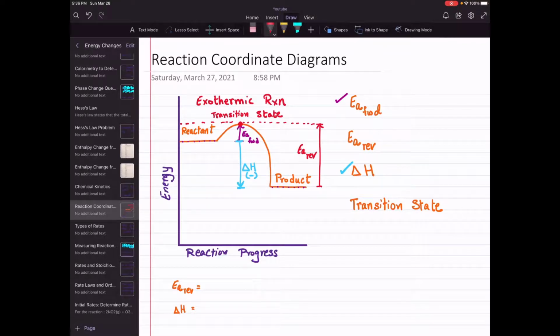All right, so those are all the components for the reaction coordinate diagram for an exothermic reaction. We have identified the activation energy forward. We have identified the activation energy reverse. We have also identified where the transition state is and the location of the activated complex.